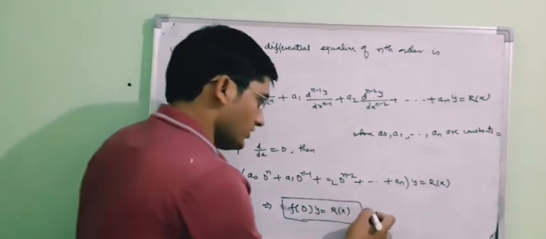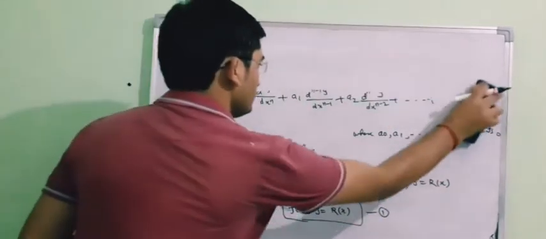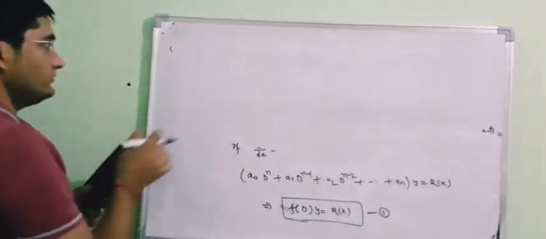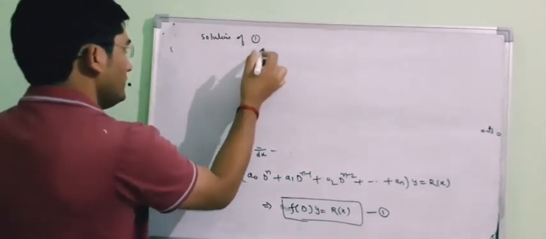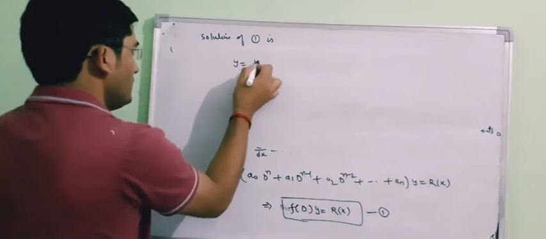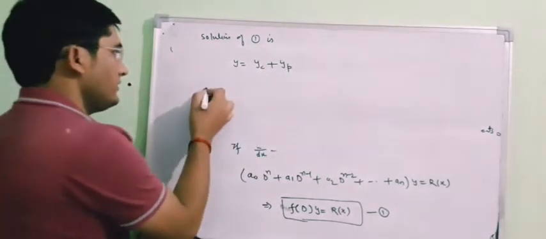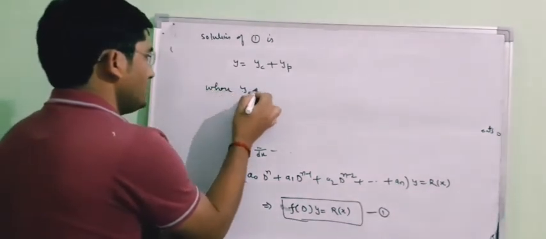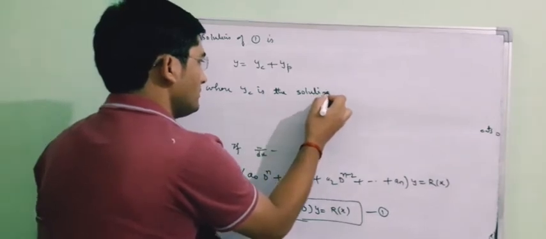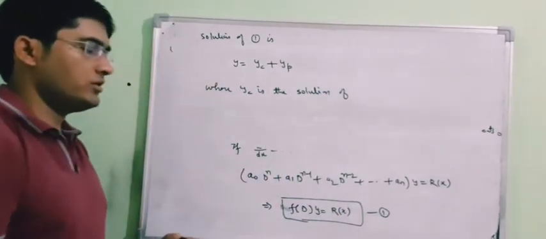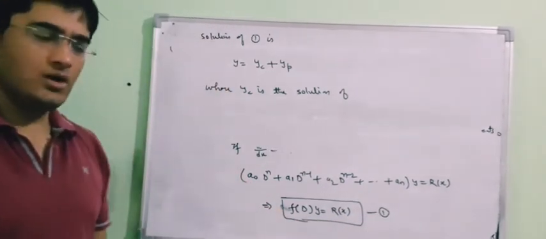Now the solution of 1 is y equal to yc plus yp, where yc is the solution of the differential equation in which the right hand side is 0, that is when r(x) is 0.